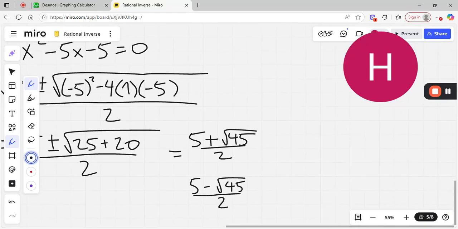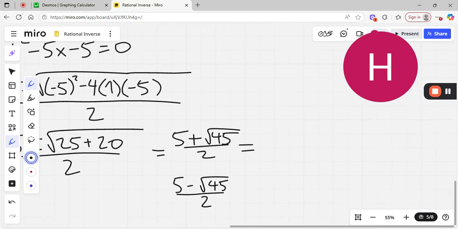Now, what's the root of 45? Well, it's not a particularly nice number necessarily, but it is rather close to 6.8. You know, it's between 6.7 and 6.8. I believe 6.7 squared is like 44.89 or something. So let's pretend that this is like 6.7.